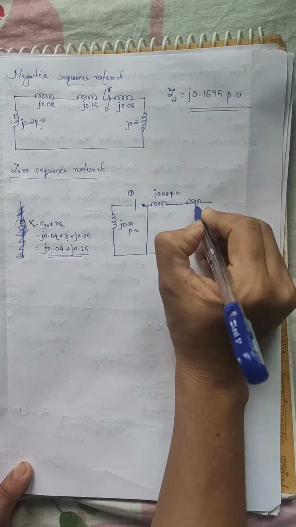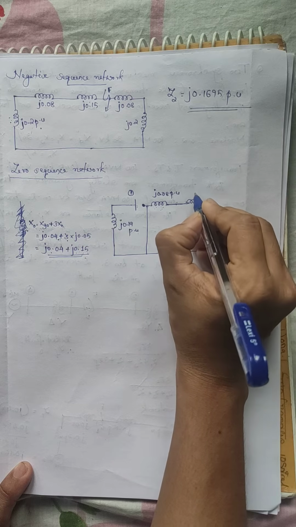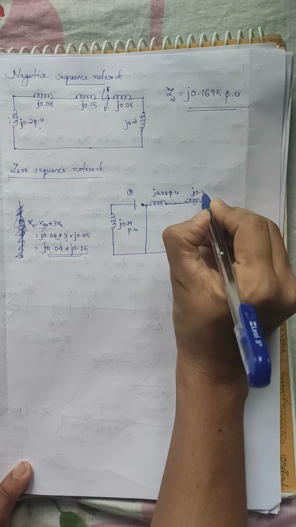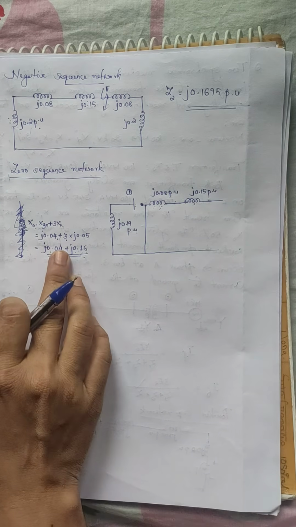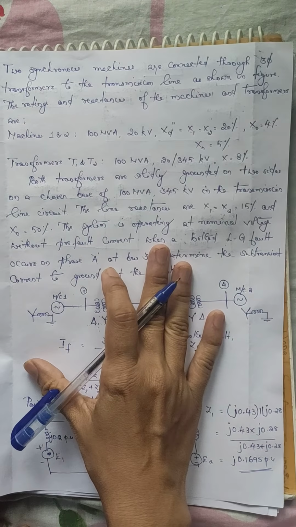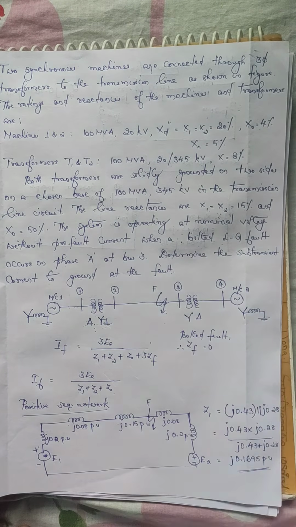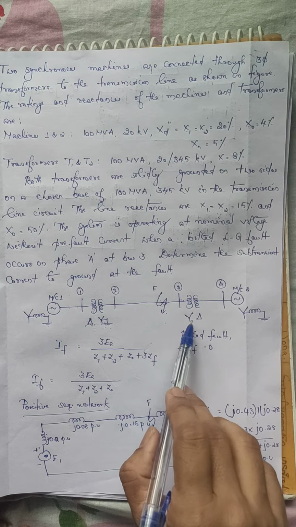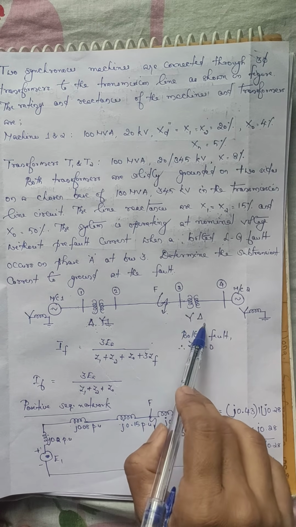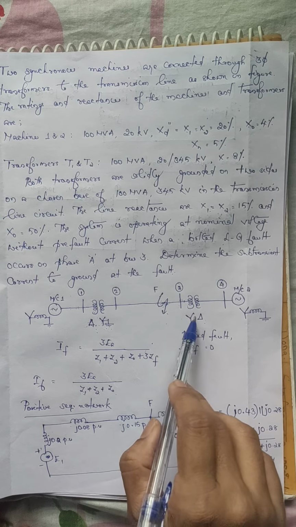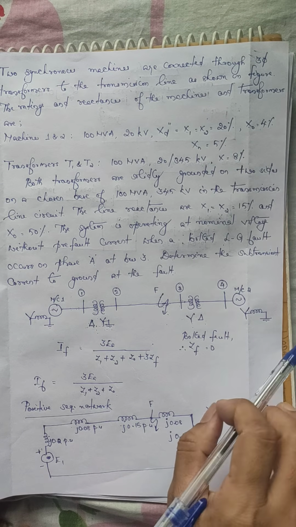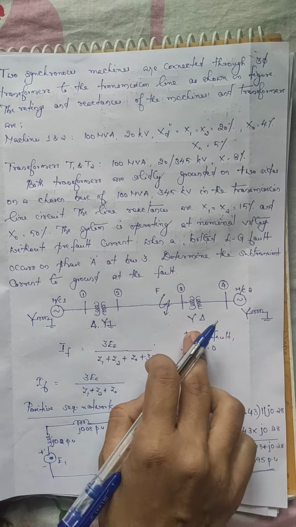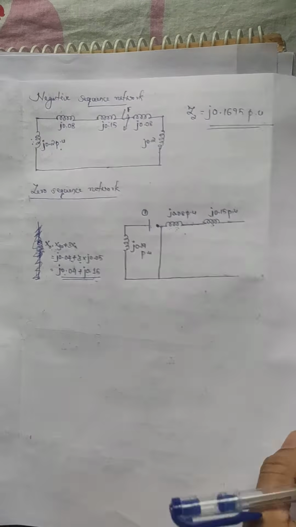Now this is the transmission line, which has a reactance of J0.15 per unit, and again a transformer. So check for the winding connection. It is a star delta transformer, ungrounded star delta. One of the windings is an ungrounded star, which means there is no path for the zero sequence current, so the zero sequence network will be an open circuit.